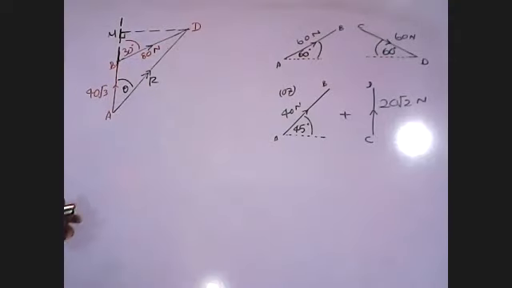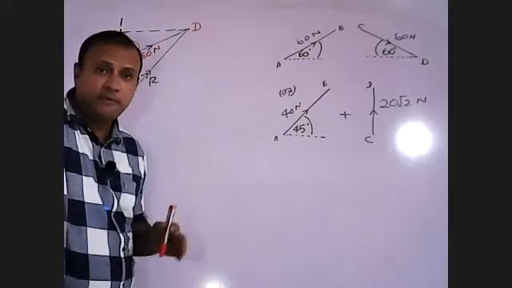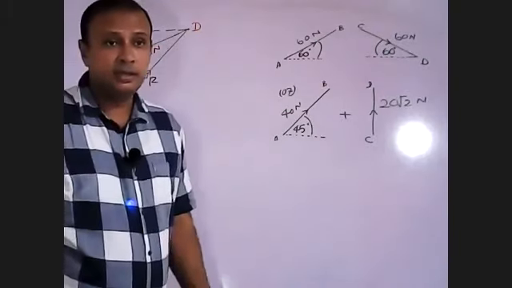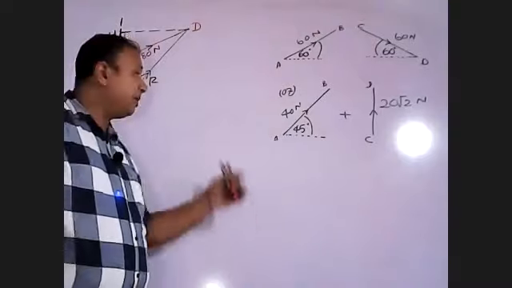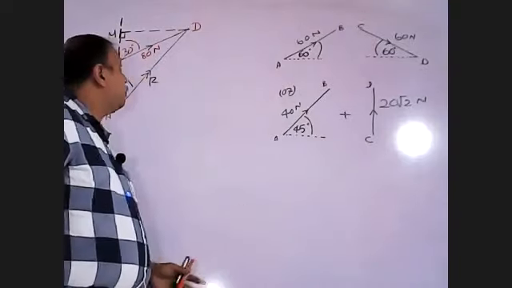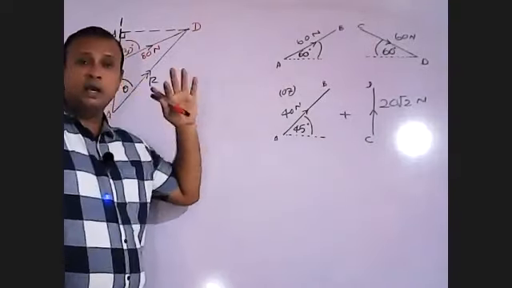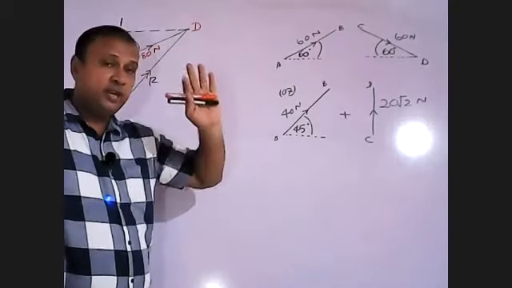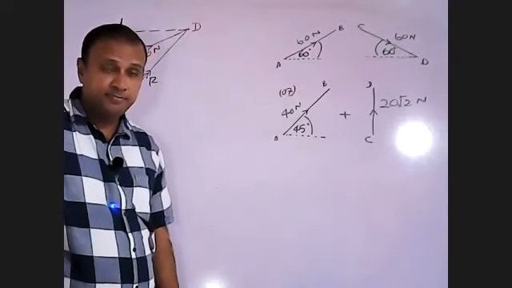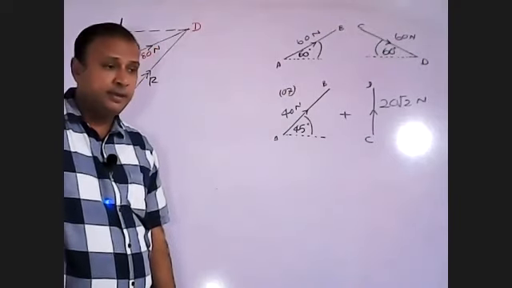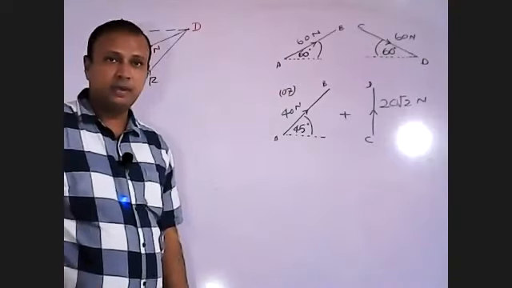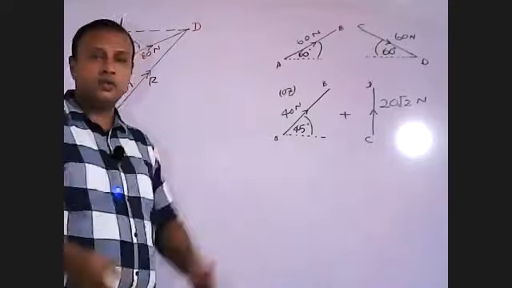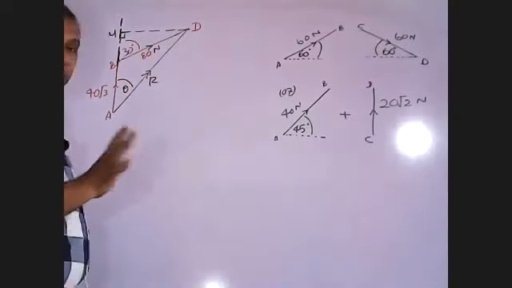Look at this. Listen everyone. When you are applying Pythagoras theorem, or if you want to find some angle or sides, please mention the relevant triangle. Then your possibility of getting a wrong value will be reduced. Please mention the triangle first.